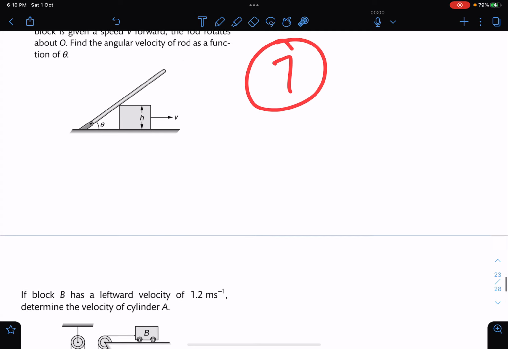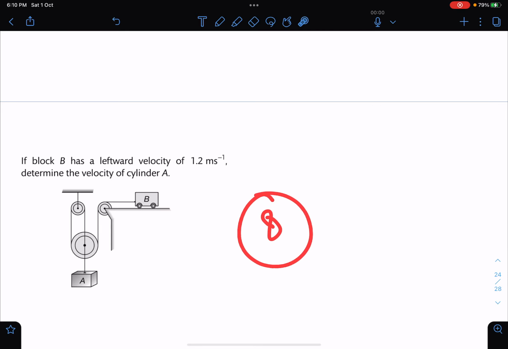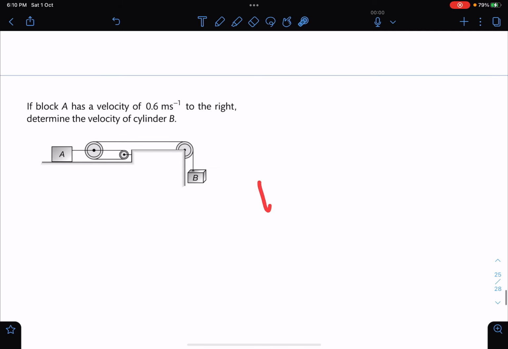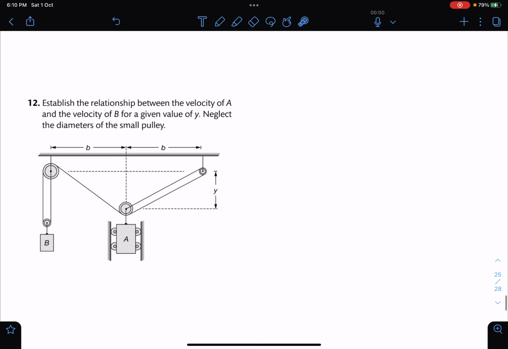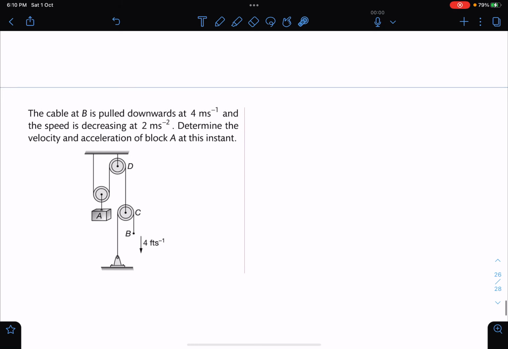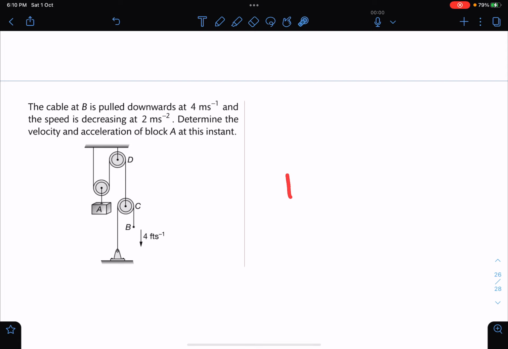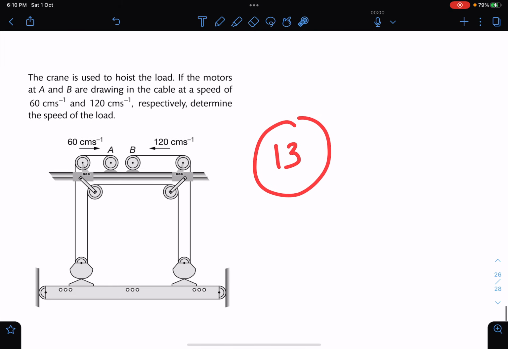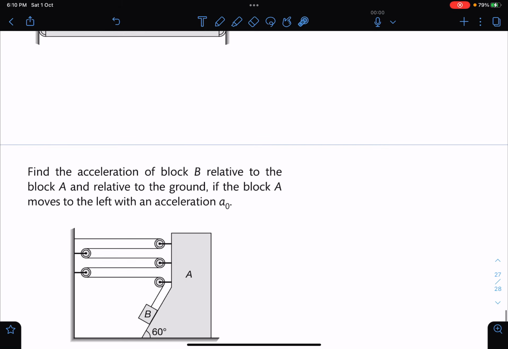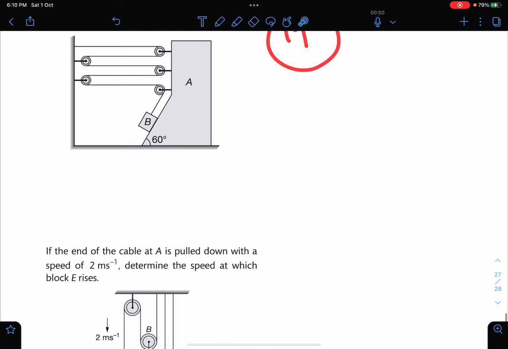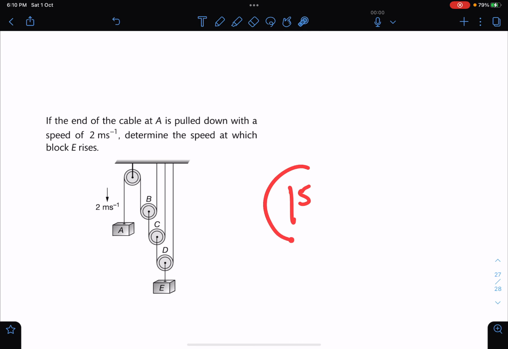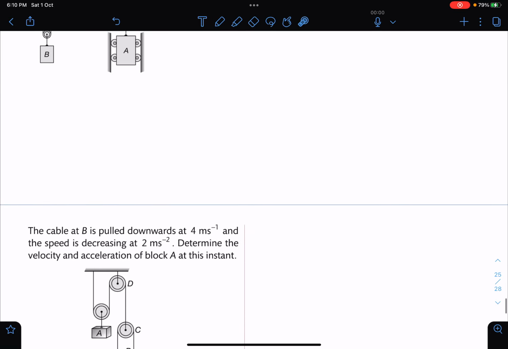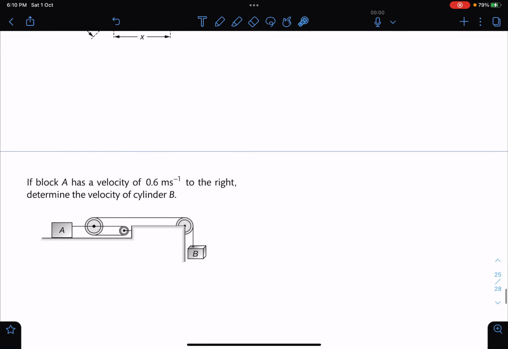Problem number 7, 8, 9, 10, 11. Some very nice problems are present. 12, 13, and 14. More are there. Problem number 15. So these are the problems; give them a try, practice these problems, and we will be discussing them.